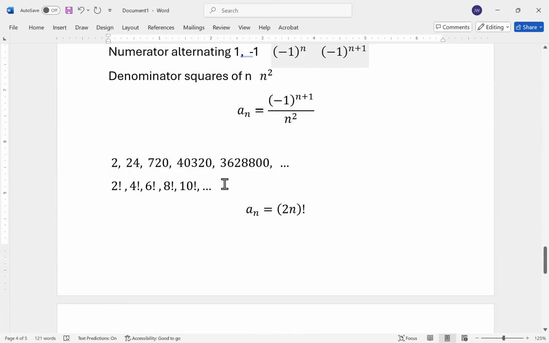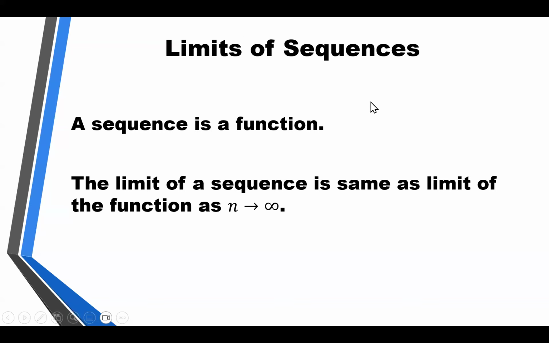Factorial, again, probably wouldn't see that off the top of your head, but that's what that is. So that's how we find the terms of the sequence, and we find the explicit expression that gives us the terms of the sequence.